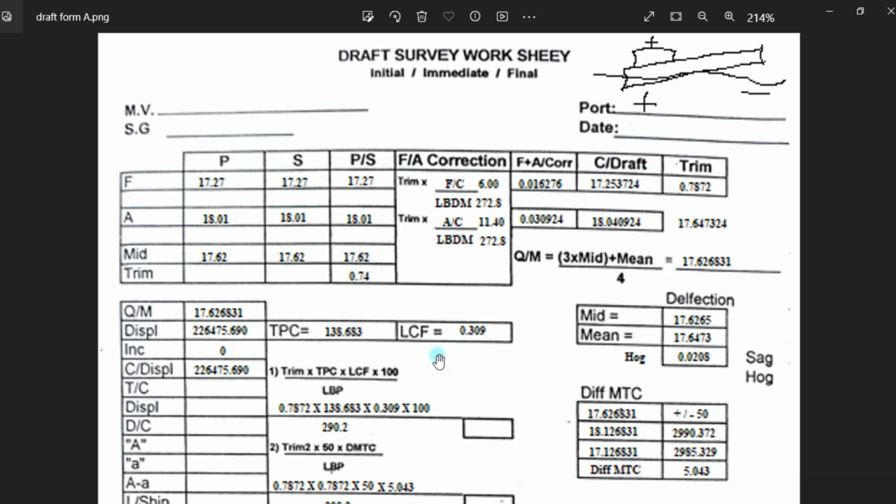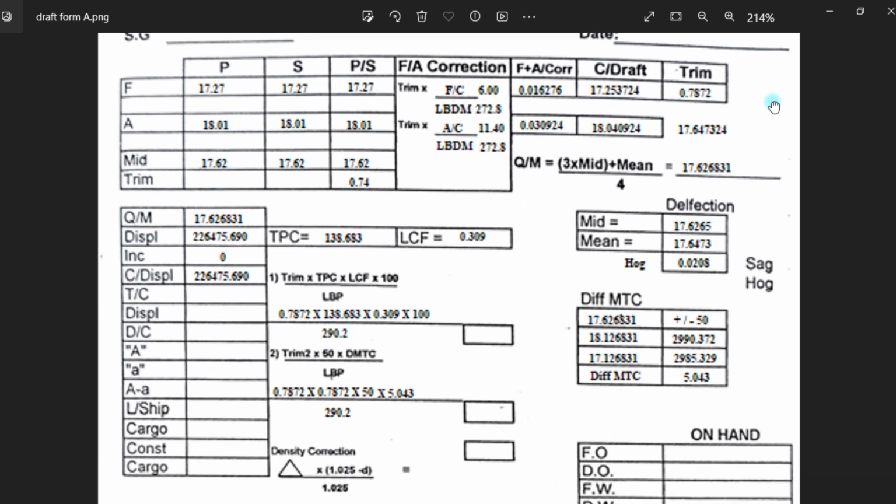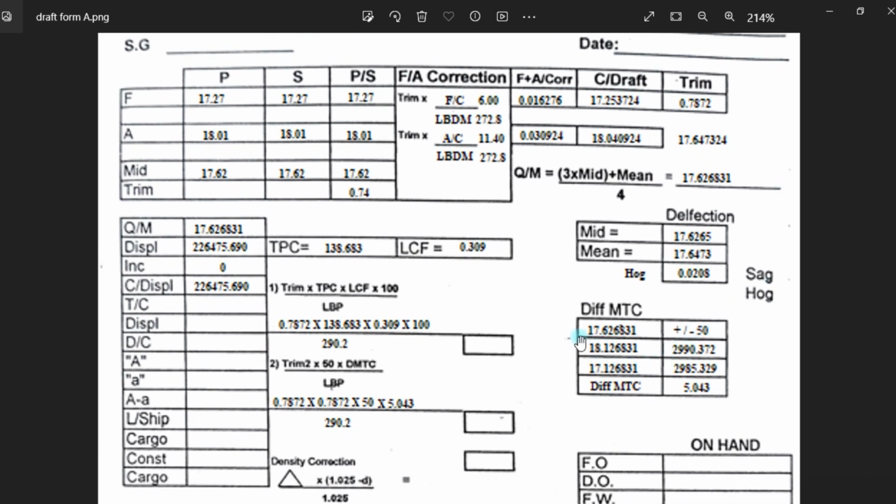The next thing we have to do is get this difference of MTC. This means for the quarter mean of 17.626831, you will add 50 centimeters or minus 50 centimeters.